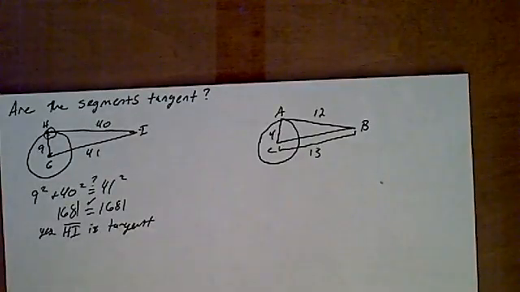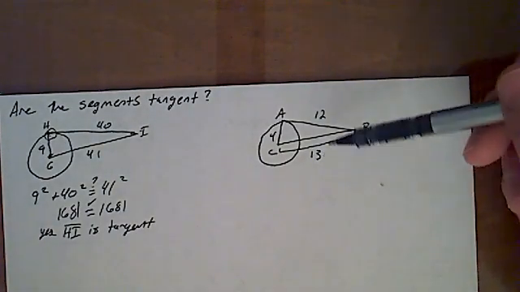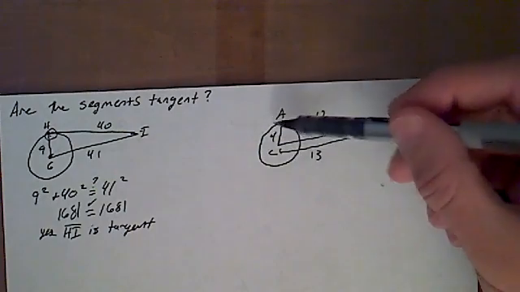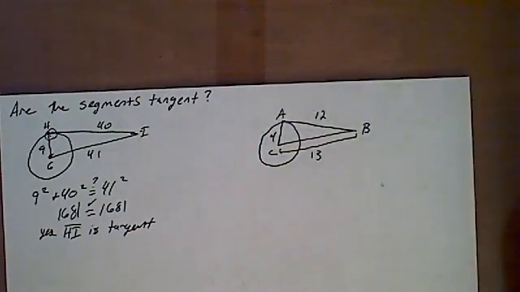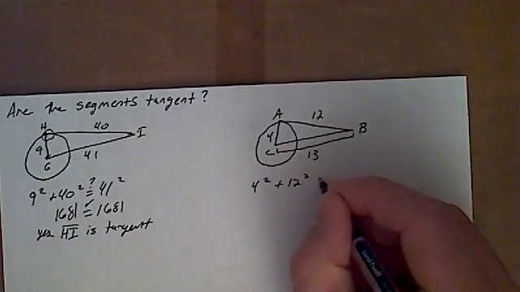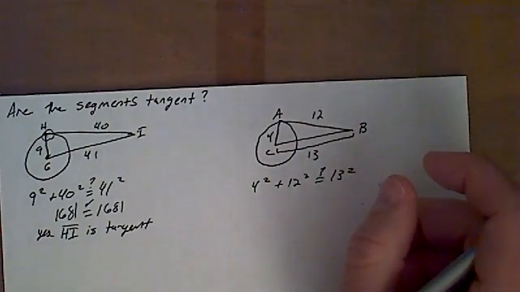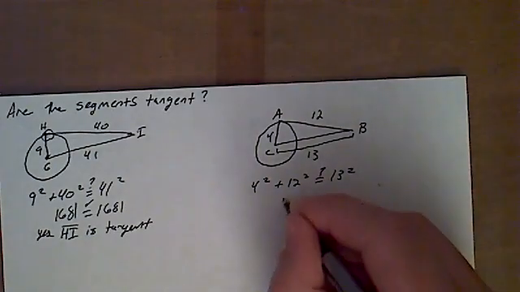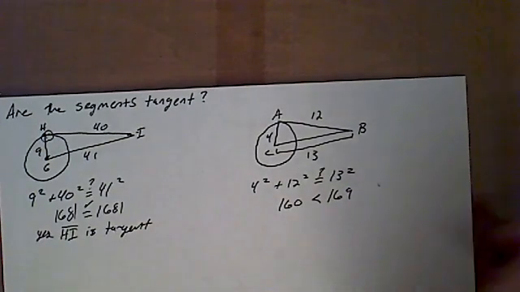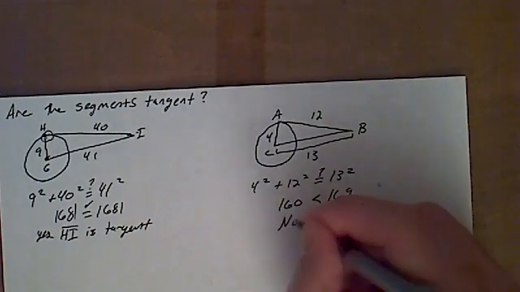So maybe you just look at that one and you go, well, I know if 13 is the hypotenuse, that's the longest side, and 12 is another side, right? You might already know what this would have to be. And the answer is not 4, right? But if you don't, you do 4 squared plus 12 squared and ask yourself if that's 13 squared. 4 squared plus 12 squared is 160, which is less than 169. This is not a right triangle. It is an obtuse triangle. So you would say no.